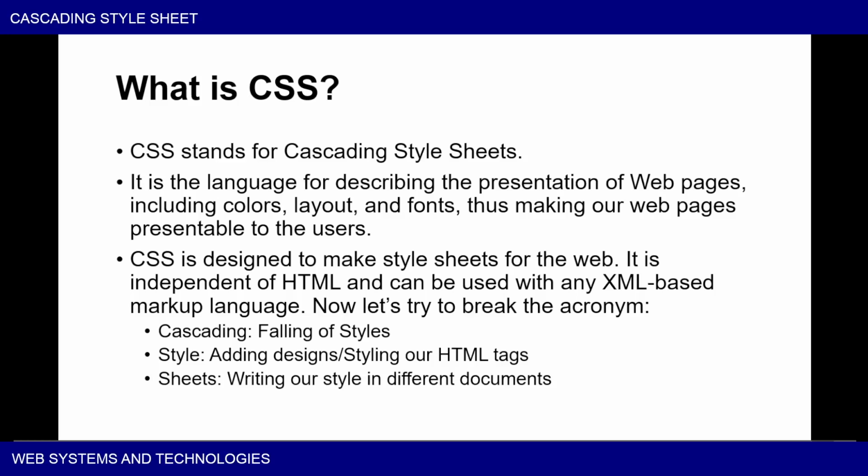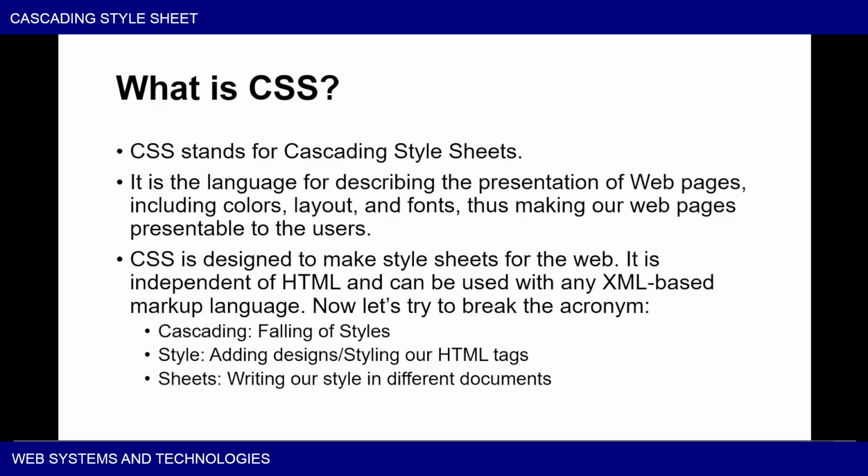Now let's try to break the acronym. So CSS, or cascading style sheet. Let's talk about what is cascading. So when we say cascading, it's a falling of styles. And when we talk about styles, these are adding designs or styling our HTML tags.